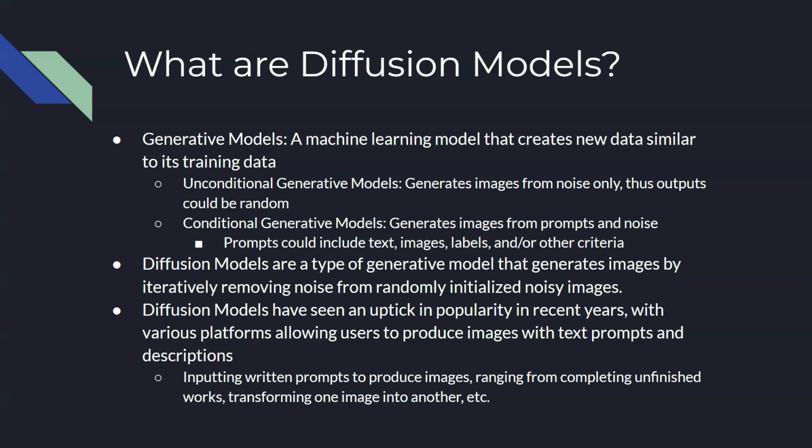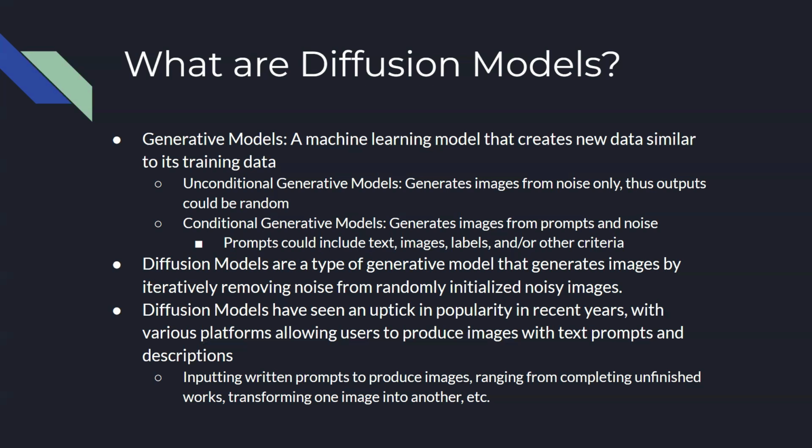So if you give, for example, an image of a dog, the outcome will still be that same image of a dog. A good example of a generative model is actually ChatGPT.